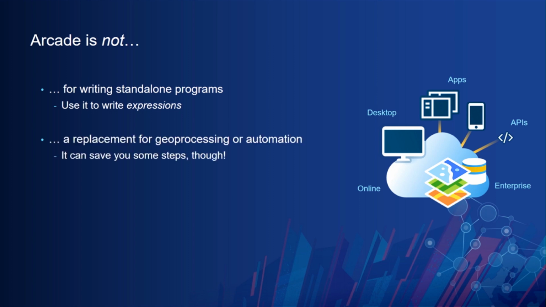Arcade is also not a replacement for geoprocessing or automation. You're not going to take what you built in Model Builder and replace it with an Arcade script, or what you wrote in Python to automate some analysis and replace that with an Arcade script either.